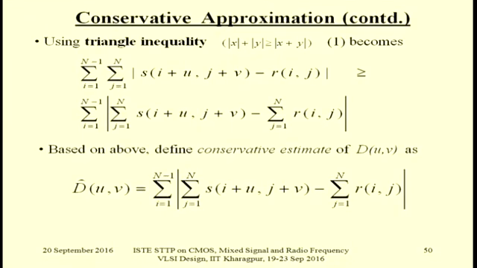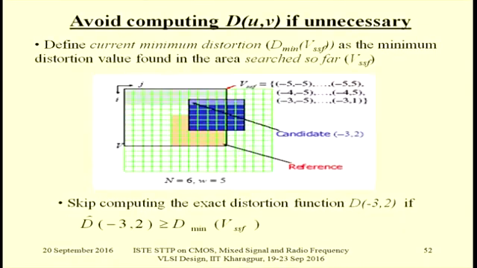If it had been n instead of n minus 1, then we would have to calculate these 6 pixels together. Okay, so what we can do is skip computing the exact distortion function if the partial estimate of this distortion function is found to be greater than or equal to this minimum.